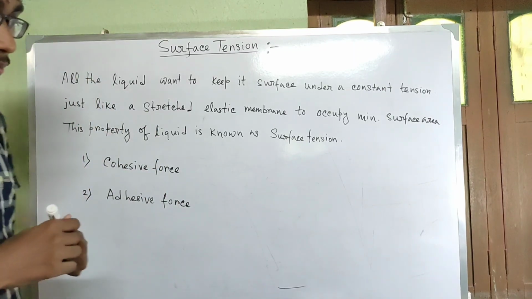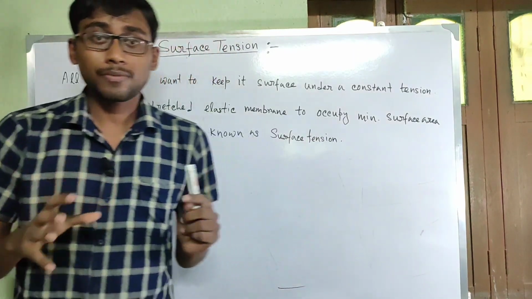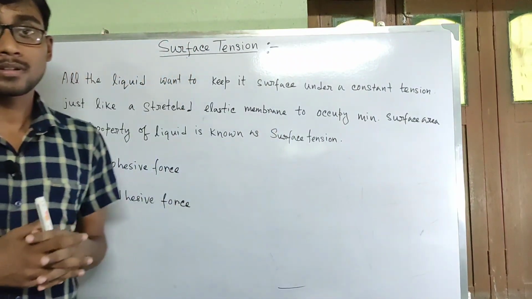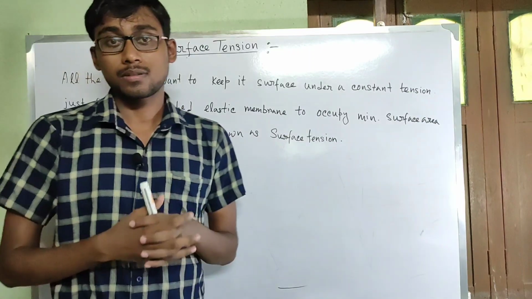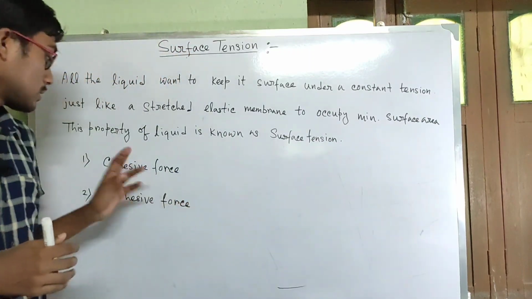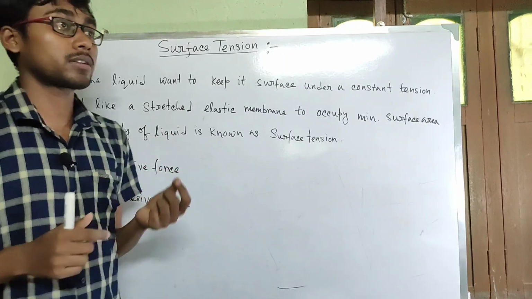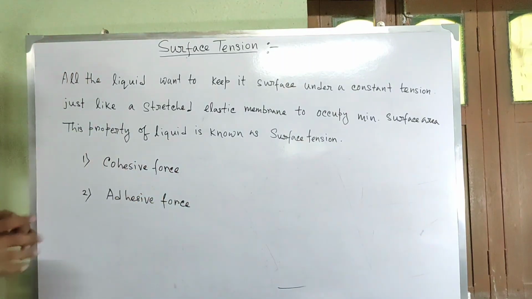So what is cohesive force? If the force of attraction is between the molecules of the same substance, then that force is known as cohesive force. So cohesive force is basically the force of attraction between molecules of the same substance.